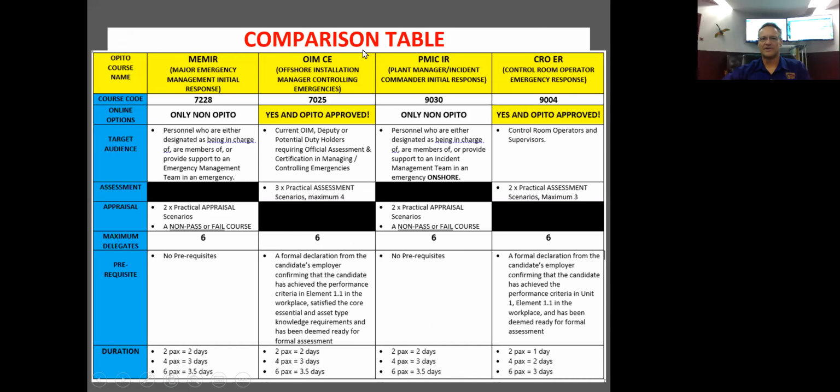The last screen that I've included here is a comparison table, which really is a side-by-side comparison of MEMIR, OEMC, PMIC I'm about to tell you about, but I'm not going into too much detail, and then the CROER.